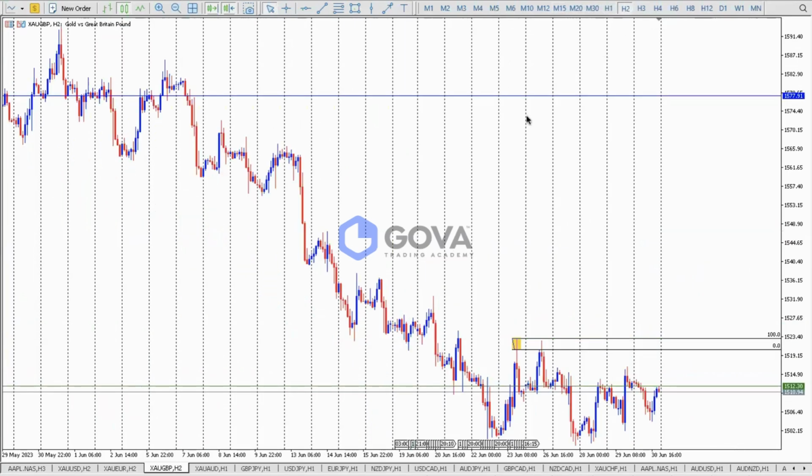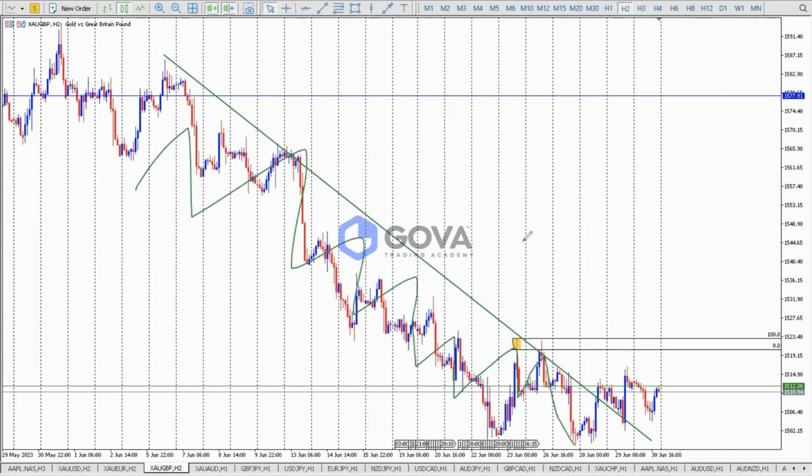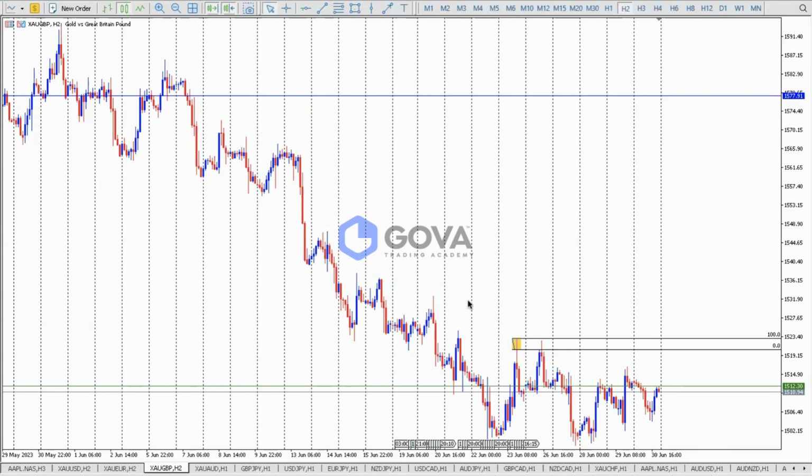You can see in a downtrend, markets continue with a downtrend in our favor, right? You can see the structure is there. You can see the structure has been there. So this is what professional trading is all about, okay? Let's move on.